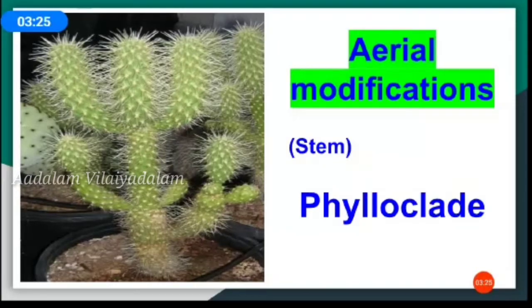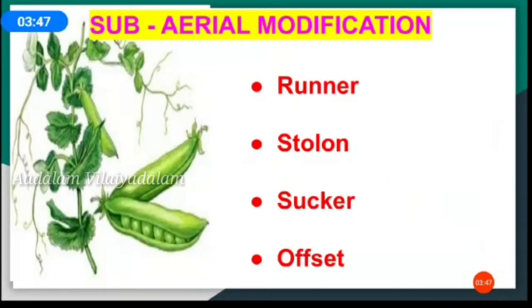There are four types of modified stems for reproduction, that is, vegetative propagation: runner, stolon, sucker, and offset. Let us see about these subaerial modifications.